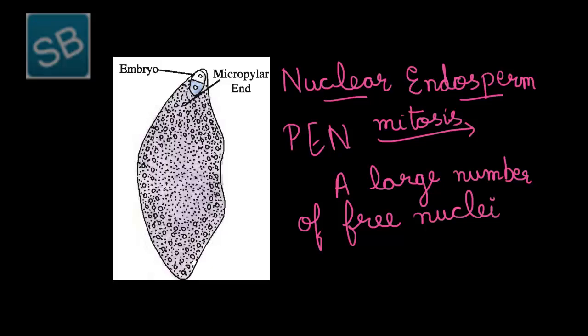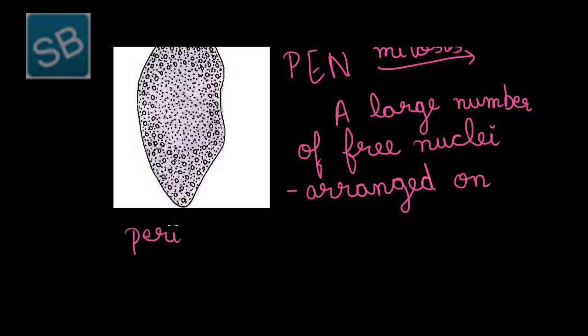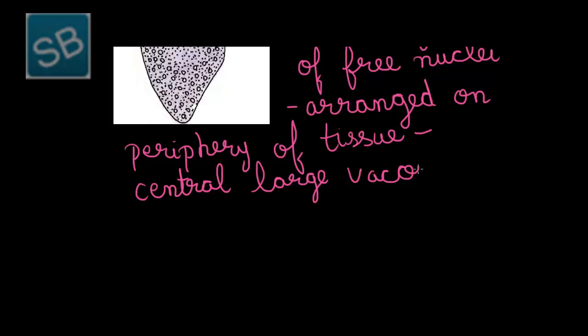This entire structure is the nuclear endosperm tissue, where by undergoing mitotic division, a large number of free nuclei get formed and are arranged on the periphery of the tissue, which surrounds a central large vacuole, that is an embryo sac.